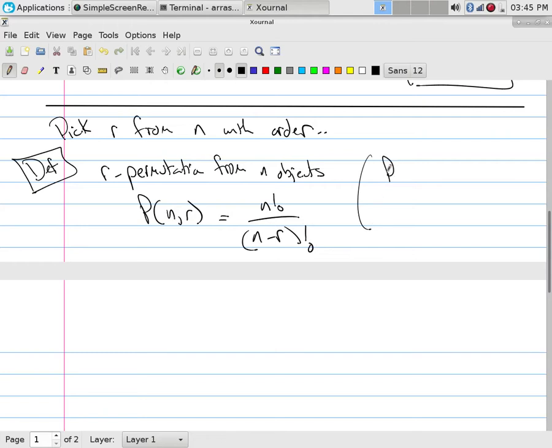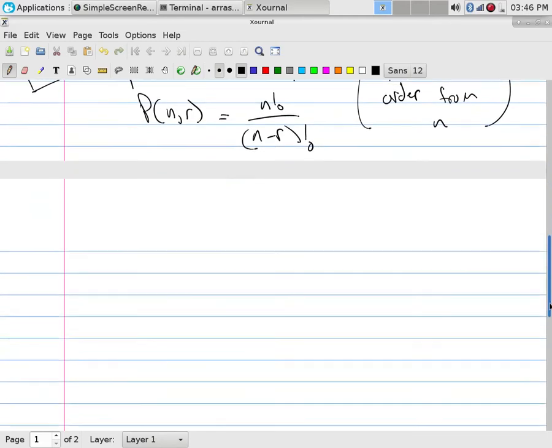Normally we say that we pick r with order from n. So if you have a problem that involves picking r with order from n, then we're just going to use the r permutation function, which is just the division rule.